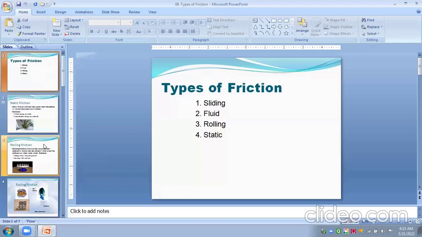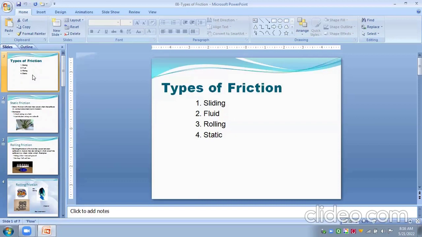So first of all, how to classify or categorize these frictions? The major classifications of friction are static friction and kinetic friction. Static friction is the friction between the contacting surfaces at the start of the relative motion.